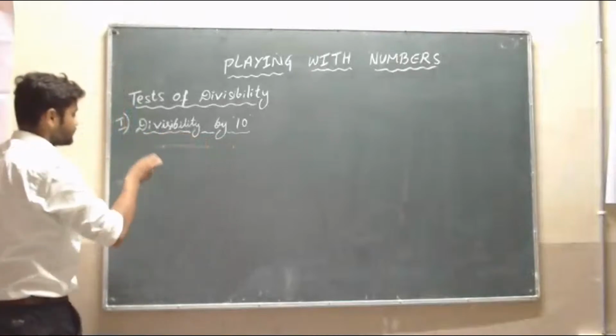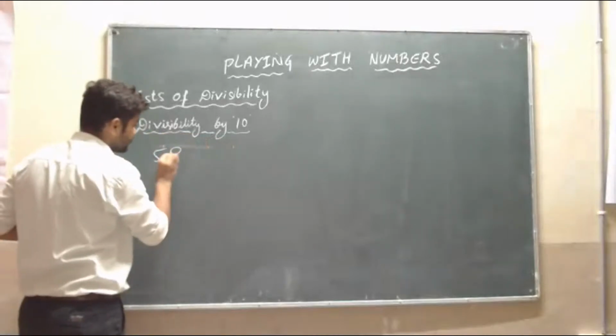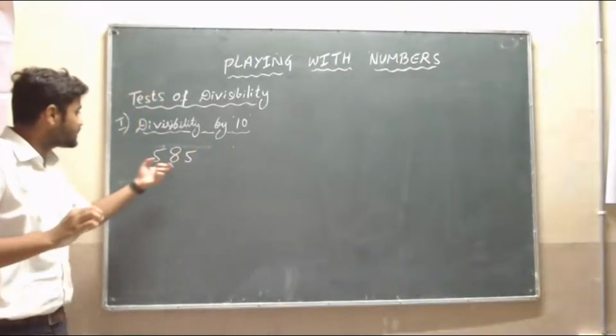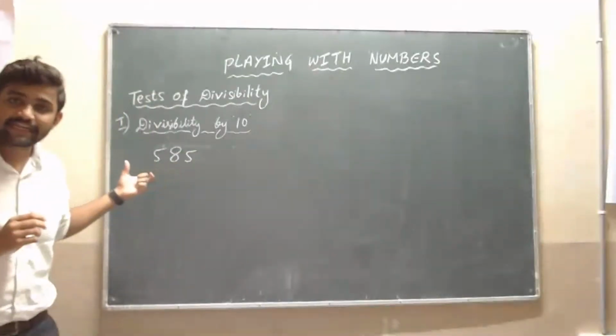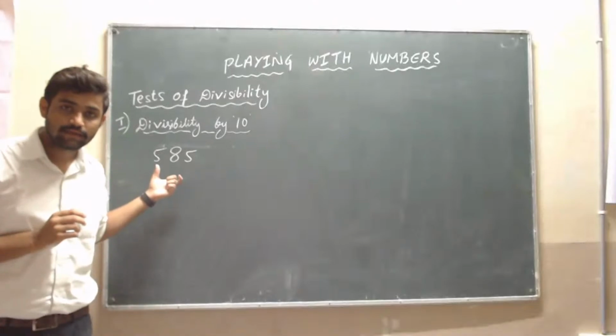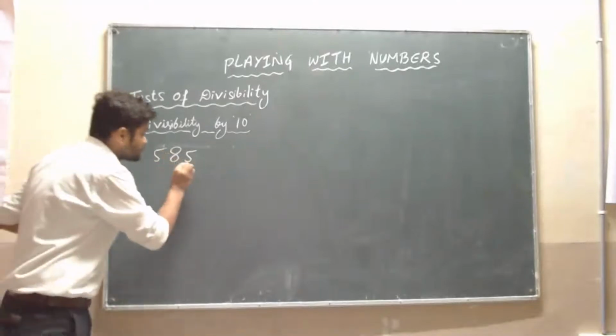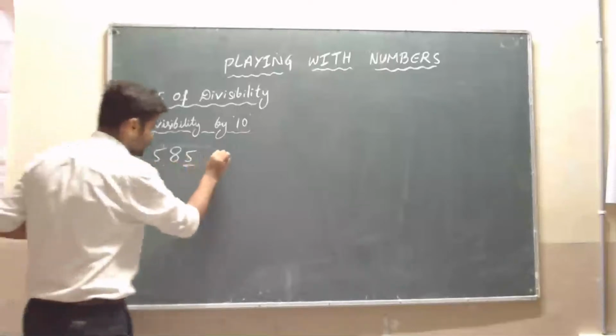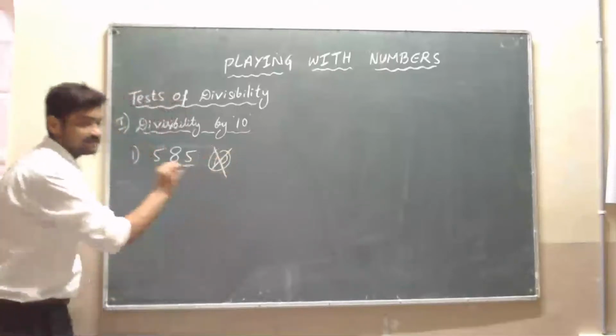Suppose I take 585. Whether 585 is divisible by 10? No, sir. Why? Because at the ones place there is no 0. That's why it is not divisible by 10.